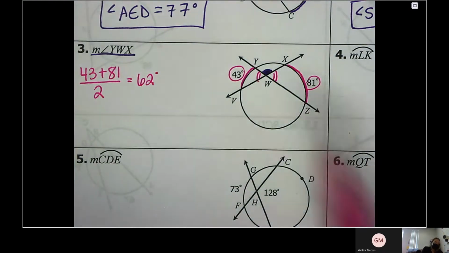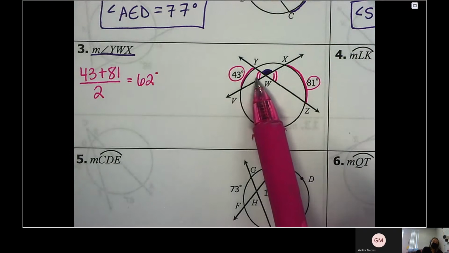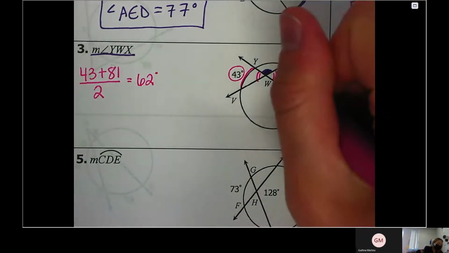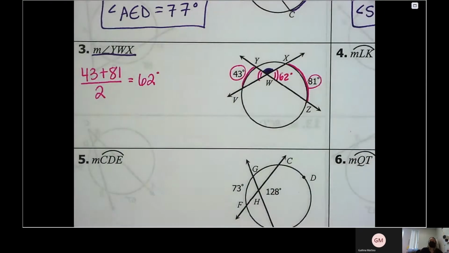Okay, now I know this angle on the right and this angle on the left are both 62 degrees. Great. But that still doesn't give me the answer to the purple angle at the top.